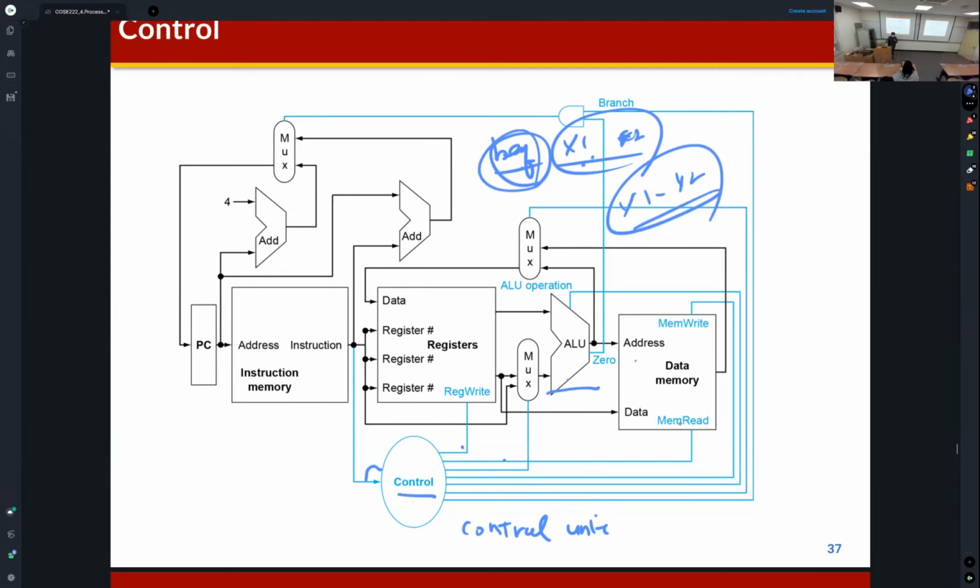ALU can be used for different kinds of instructions, which means that the behavior of ALU is to be controlled by control signals called the ALU operation. And this ALU operation is also generated by the control unit based on the instructions.